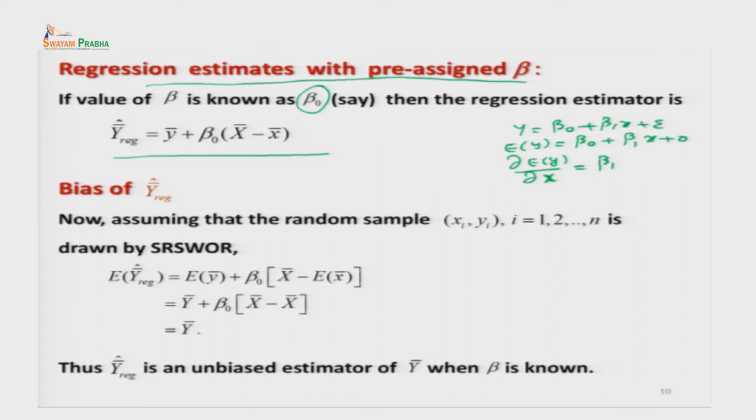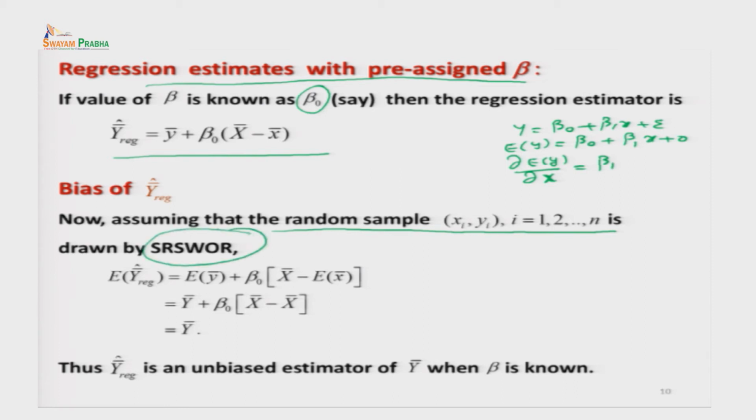Okay. So now let us try to find out its properties. We first assume that we have a random sample (xi, yi), i goes from 1 to n, and we have this estimator. This sample has been drawn by SRS WOR.